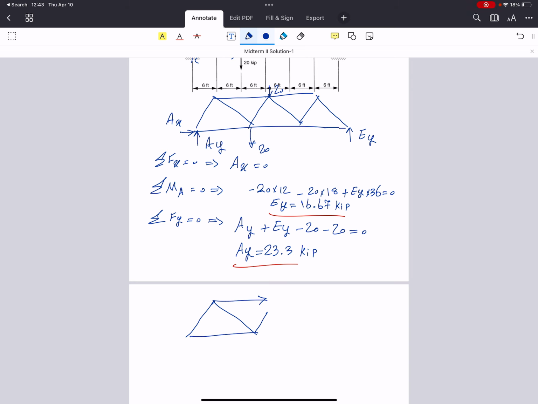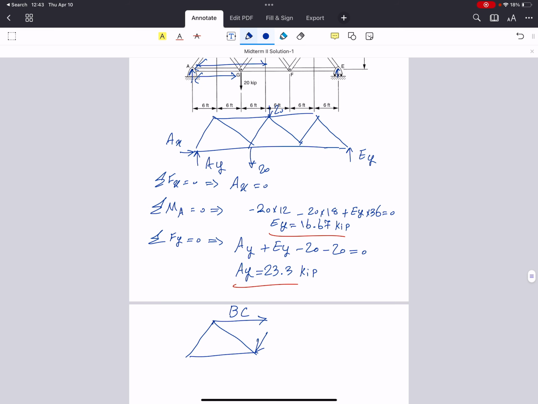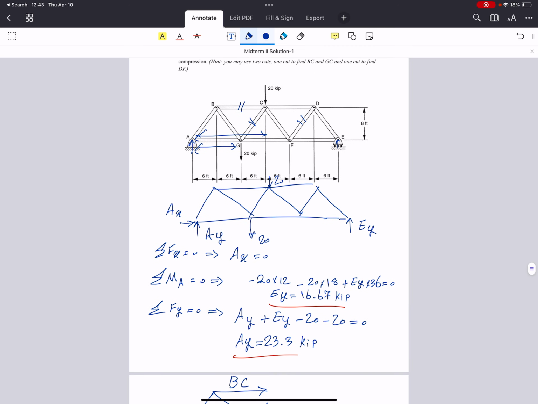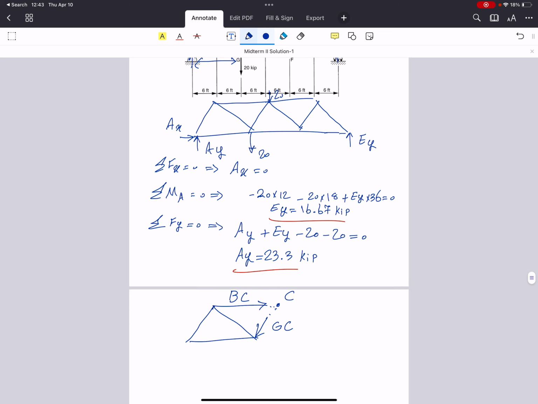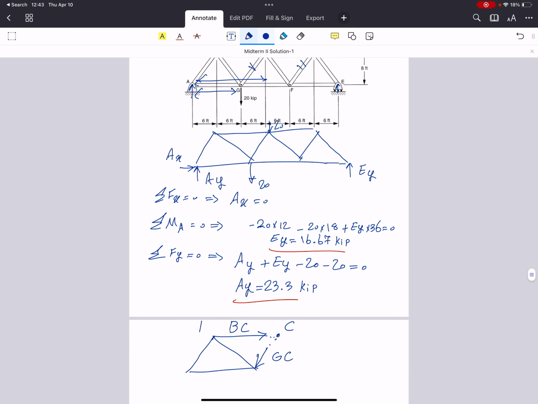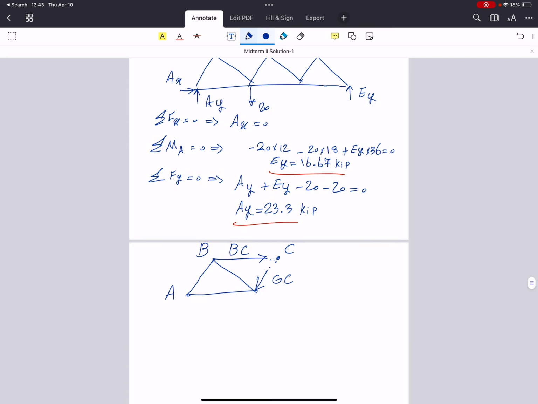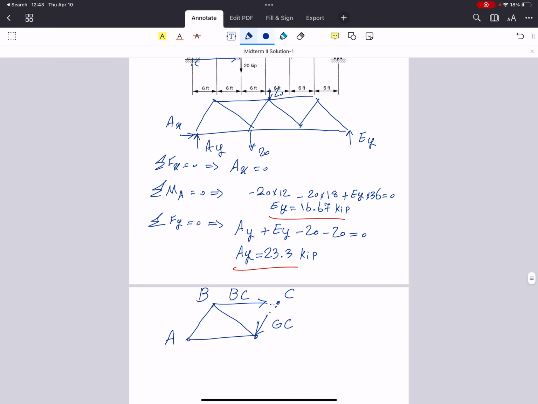This is BC, and this one is GC. This is point C, and this is point B, point A, and that is G. So we know these forces, right?